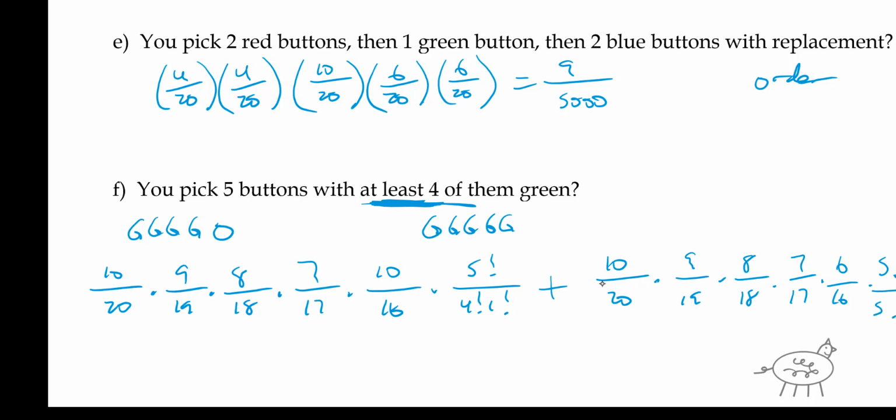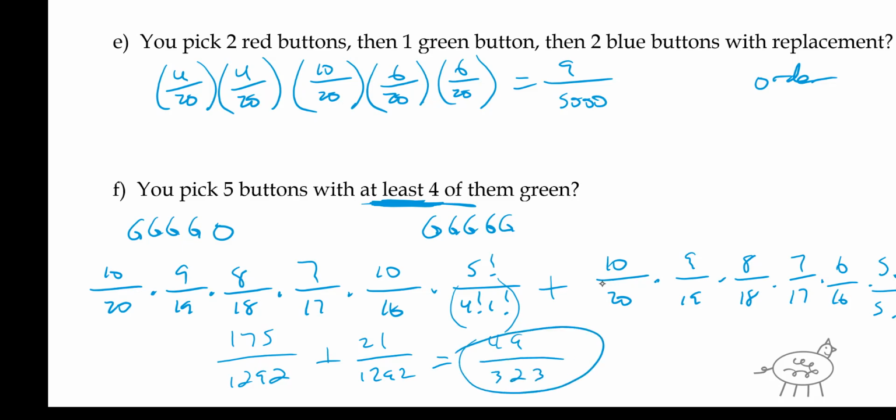So you add all those together, and the first one's 175 over 1292. Don't forget, put the parentheses around these on the bottom here. Plus 21 over 1292. So my final answer is 49 over 323.